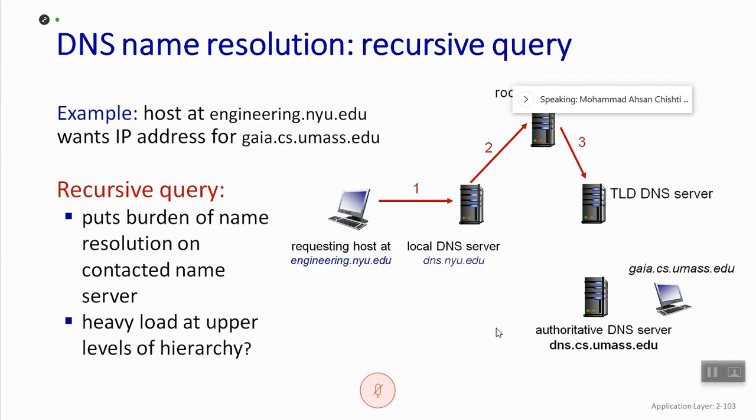Here we have number 3, and TLD would go to number 4 for authoritative DNS, and then it replies back: TLD replies back to root, root replies back to local, and local gives back to the requesting host. This is what we have as a recursive query.